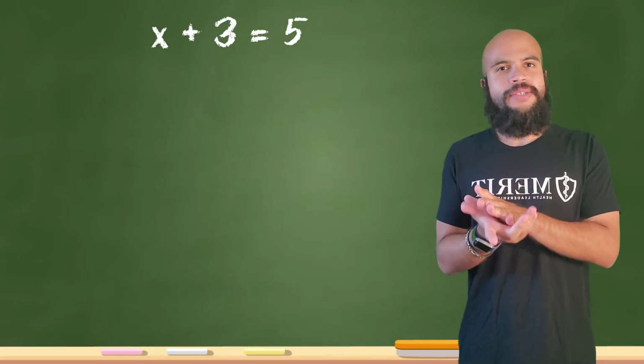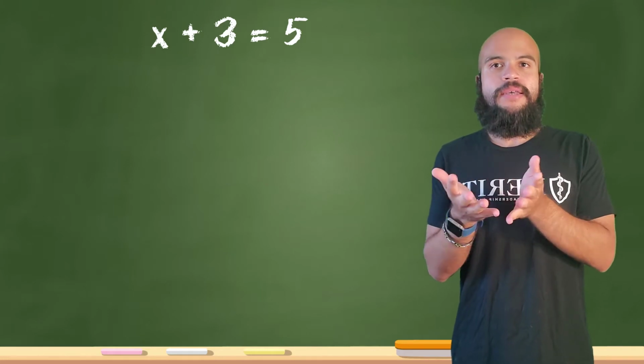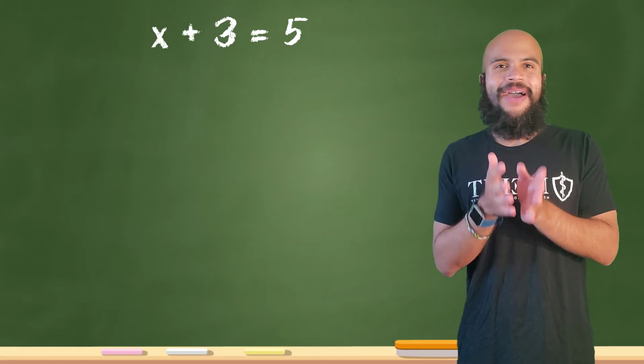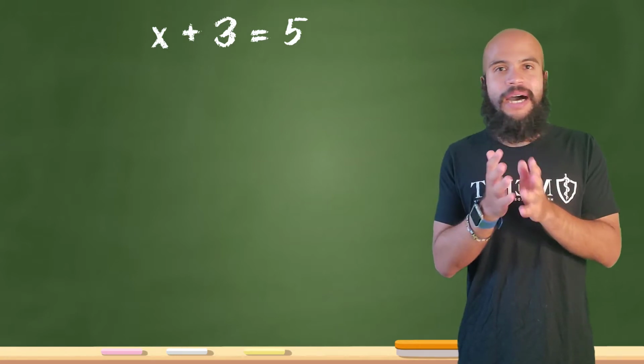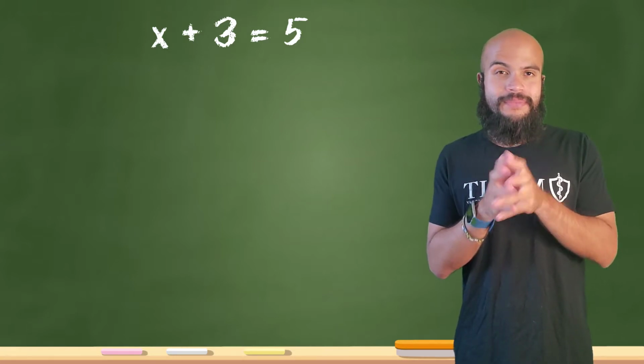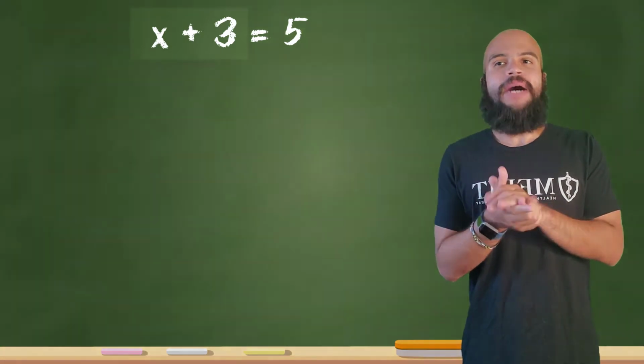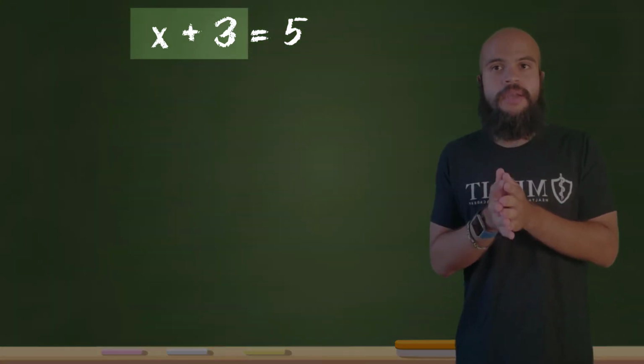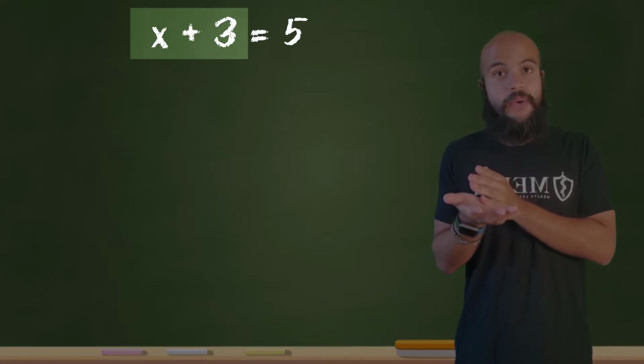When you are trying to solve an equation, you want to isolate the variable, meaning you want to get it by itself on one side of the equal sign without any other numbers or signs on that same side. In this case, x isn't by itself because there is a constant of positive 3 or plus 3 on the same side of the equation.